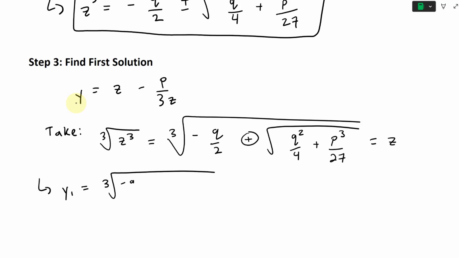It's going to be the cube root of negative q over 2 plus square root of q squared over 4 plus p cubed over 27. And now we're going to go a minus, and now p over 3 divided by the cube root. This is going to be a giant one. Let's just do a bigger one.